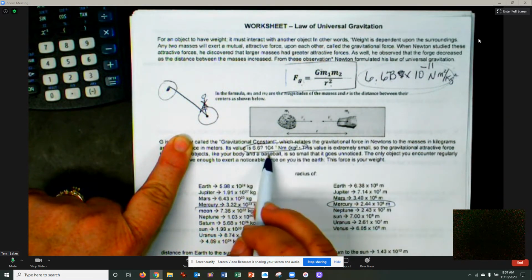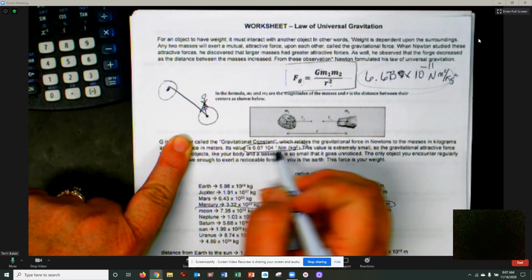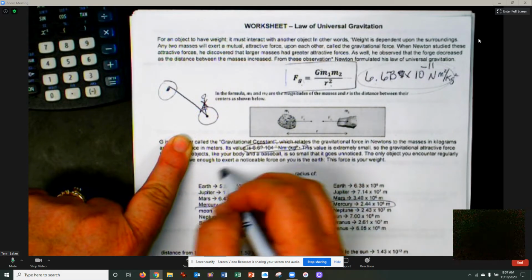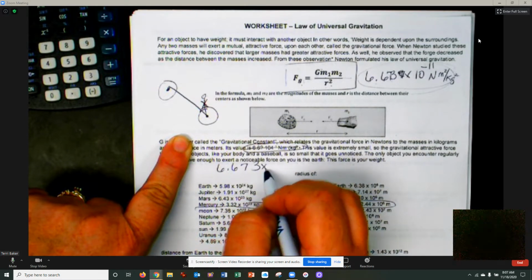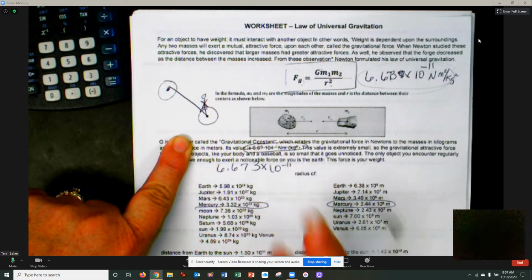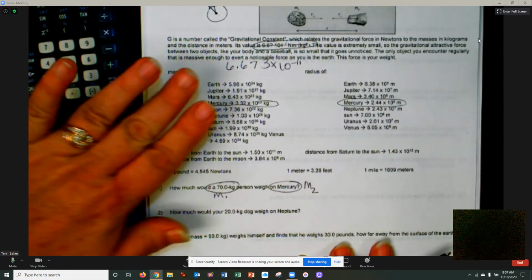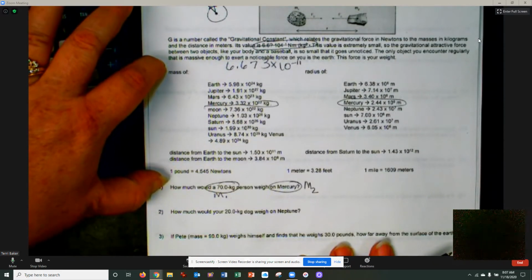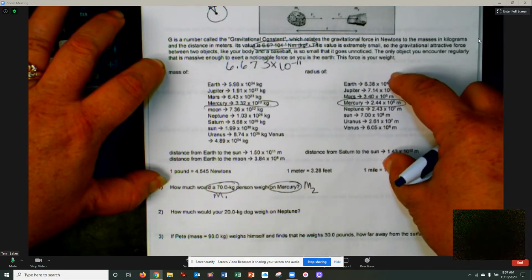I noticed that this did not translate well, so make sure that you have 6.673 times 10 to the negative 11 for this value. For this worksheet, you're going to need the masses of the planets and the radii of the planets to work the equation.